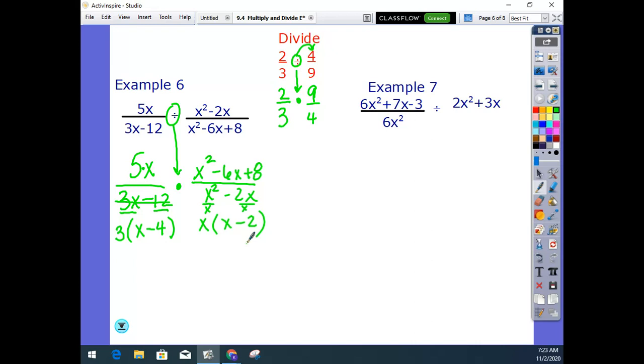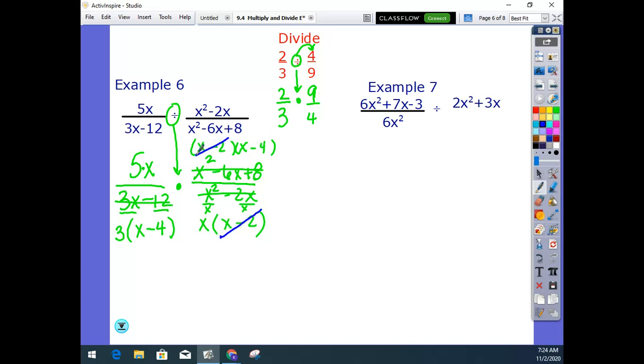X minus 2. There's no GCF, so I need 2 parentheses. X and x. Factors of 8 that add to get 6. Minus 2, minus 4.